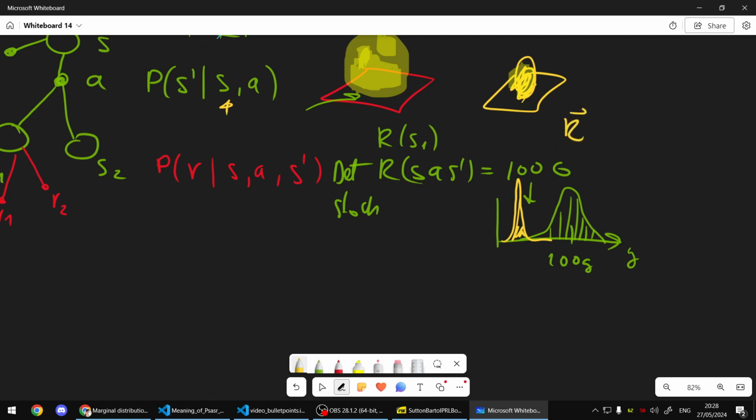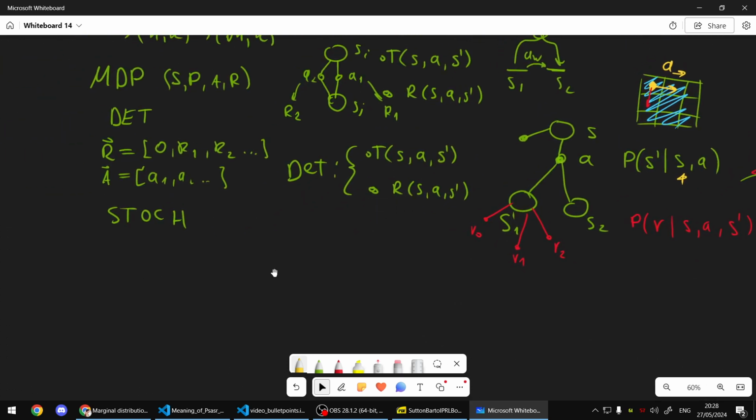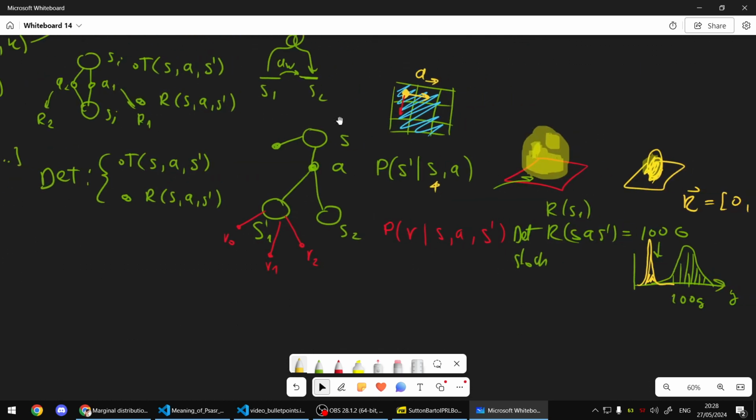That means your vector of rewards, if we punch them together, will be 0, large pile, small pile, and so on, but the associated values will be sampled from a distribution. So what we see is stochasticity in actions, and stochasticity in rewards.